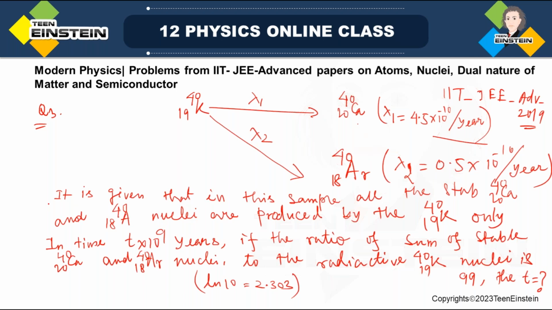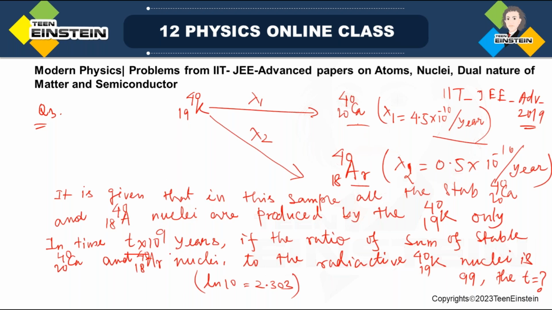I'll just simply repeat the last part of what I have written. So these are two pathways for potassium to decay into two stable products, calcium and argon. In the sample, the whole calcium nuclei and all the argon nuclei are just produced by potassium.